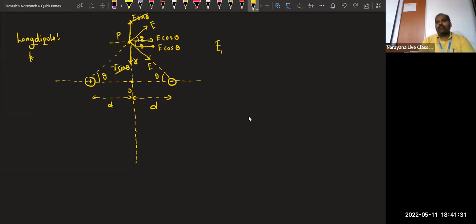So what is the net electric field equal to? 2 into E into cosine theta. E due to each charge is K into Q by distance squared. The distance is under root of d square plus r square, so it is K Q by (d square plus r square), into cosine theta.